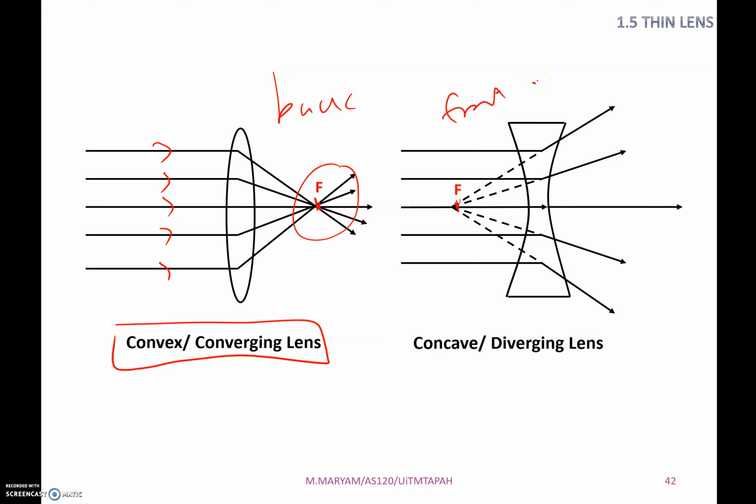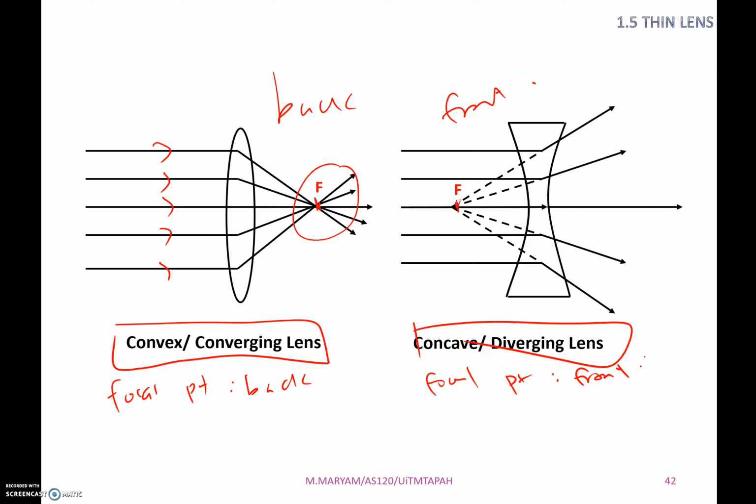So this is important for you to remember. For a convex lens, the focal point is at the back, whereas for concave lens or diverging lens, the focal point is at the front.